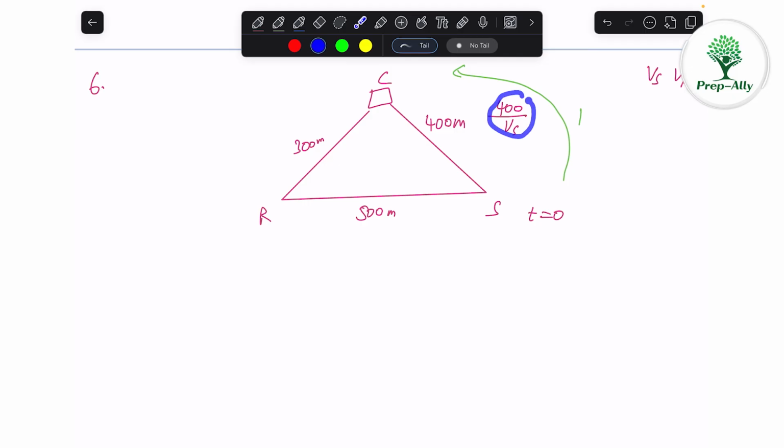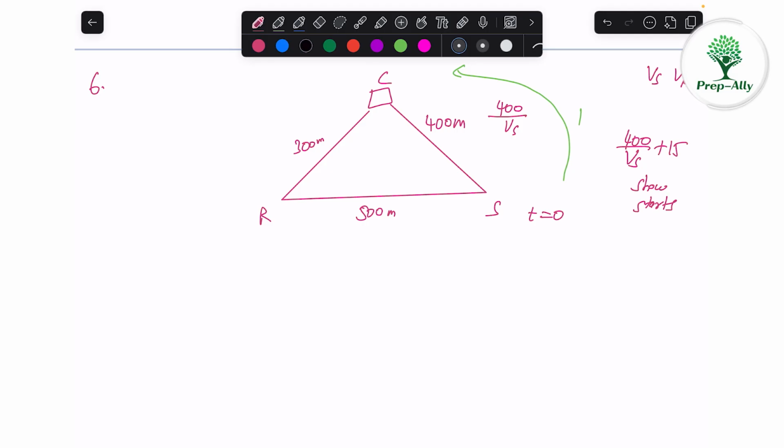So this is the time Sham will take to go from here to here. When the time is this much on the clock, he will reach there, and he's 15 minutes early, right? So basically, the show will start at 400 by Vs plus 15. At this time, the show starts. Okay, that's what we got from here.